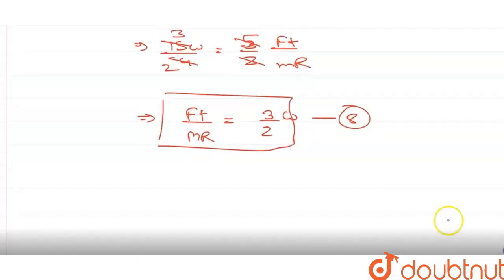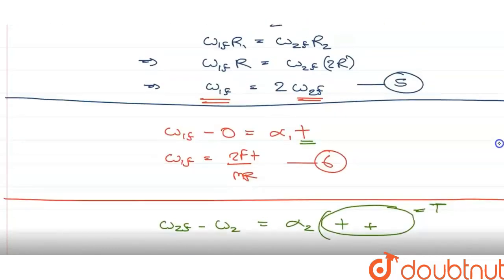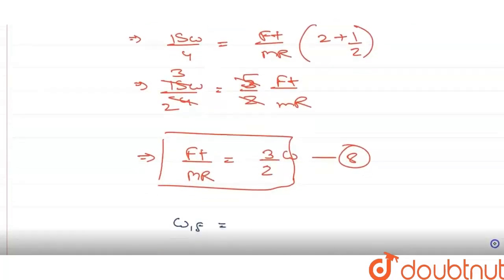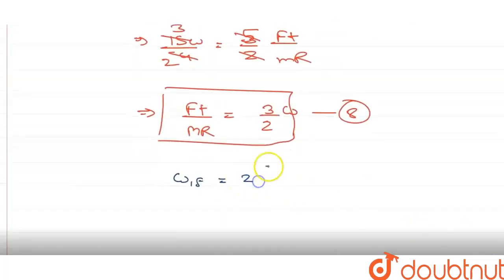So omega 1 final is equal to 2 times ft by mr, so 2 times 3 by 2 omega. 2 and 2 get cancelled, which is equal to 3 omega.